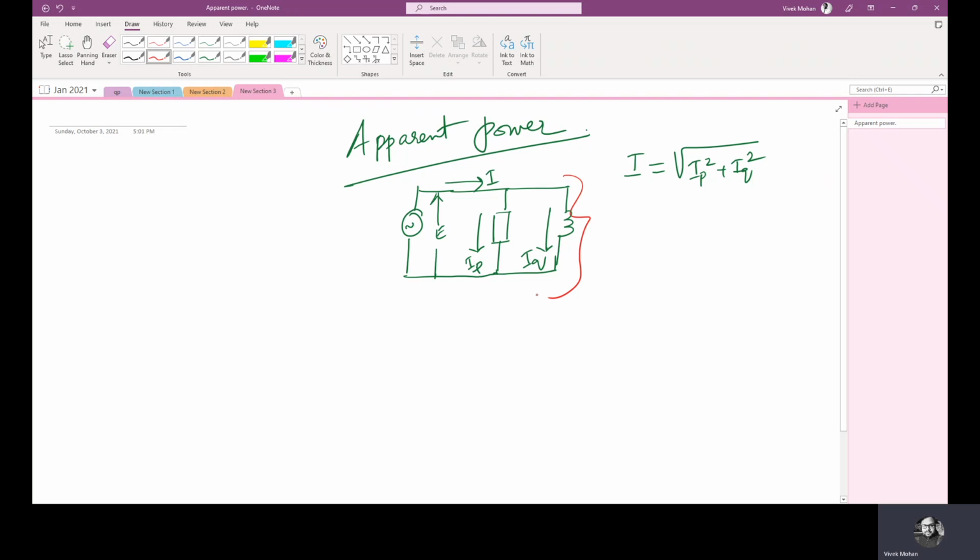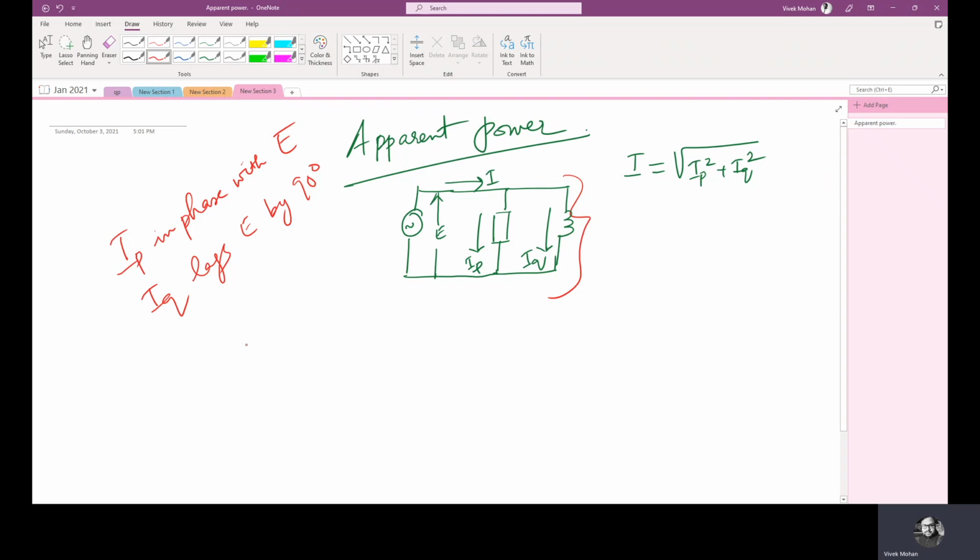The resistor is an active load while the reactor is a reactive load. Consequently, IP is in phase with E, while IQ lags E by 90 degrees, because the voltage is the same across both the elements as they are connected in parallel.